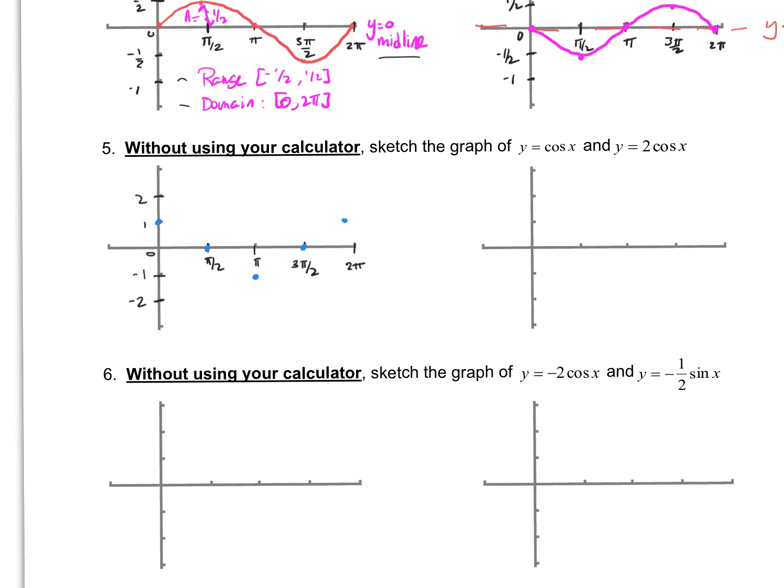Sometimes when I draw the cosine parent function, I feel like it's incomplete, because with the sine you can visually see it go up and down. But our amplitude is 1.